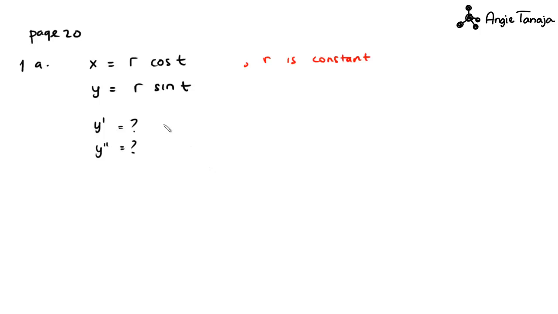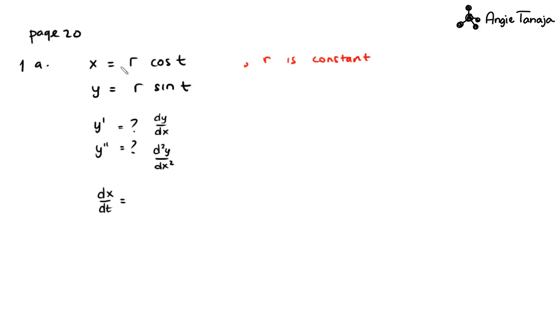Earlier, what we learned is only y prime. Y prime is the same thing as dy over dx, while y double prime is d squared y over dx squared. Let's find the dy over dx first. How to find it? We have to find the dx over dt first.